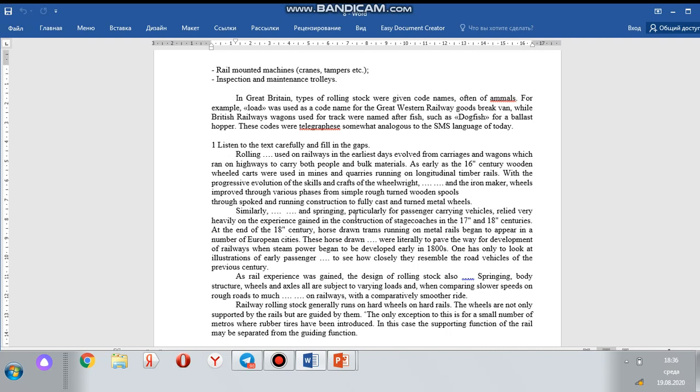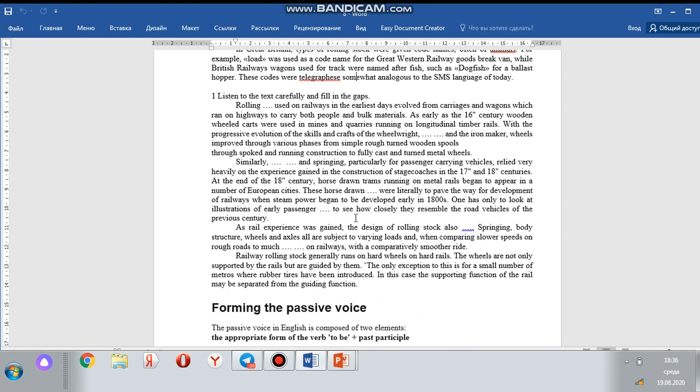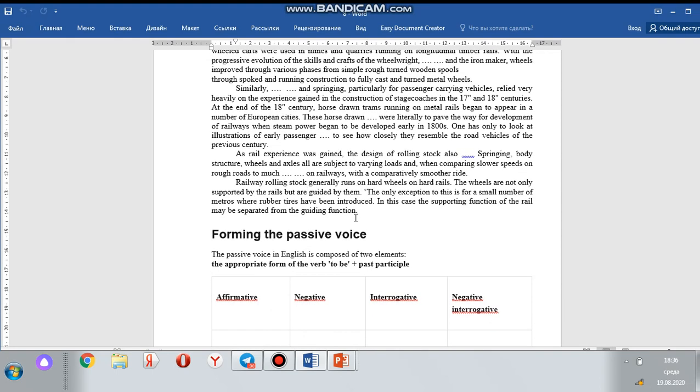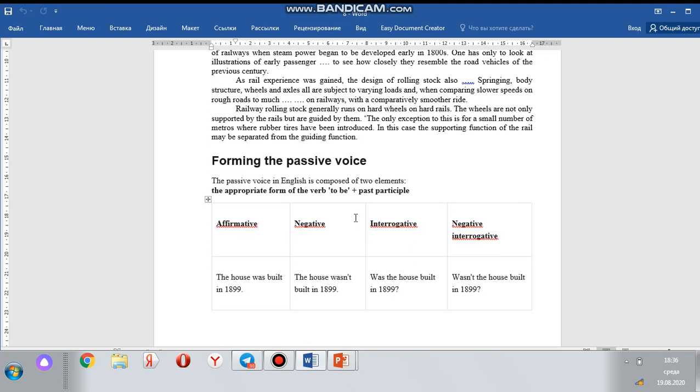So what should you do? You should listen to the text carefully and fill in the gaps. Please try to do it yourselves individually, because this knowledge is very important for you.